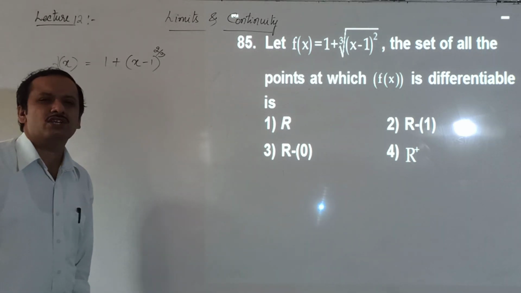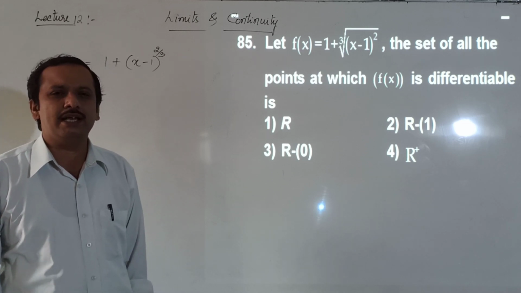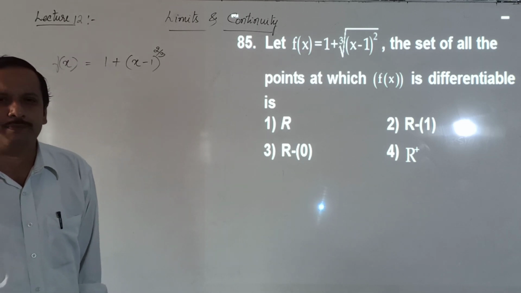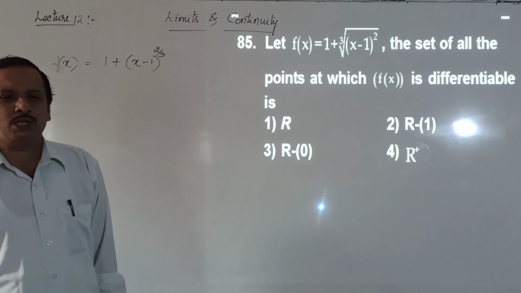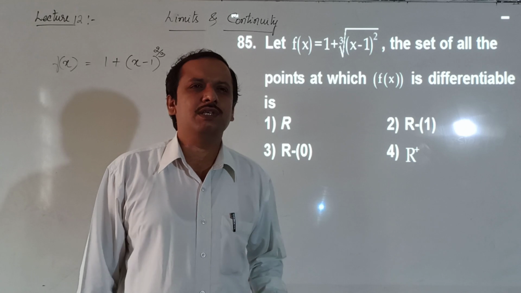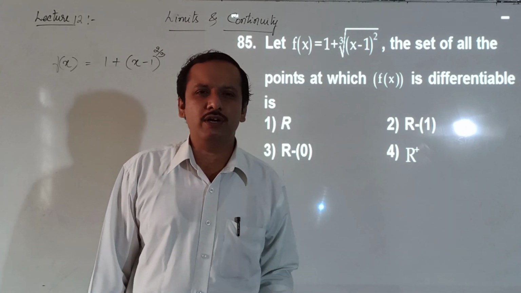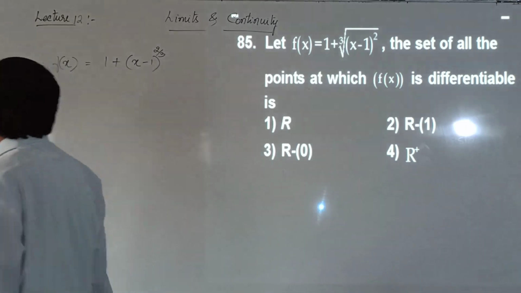See, instead of taking 1, 0, minus 1, 2, 3, 4, etc. and checking whether it is differentiable or not at that point, what I would suggest is, first you find out f dash of x, whatever may be the given function. Find out f dash of x and then by looking at that f dash of x, you identify where it does not exist. So let us differentiate this.